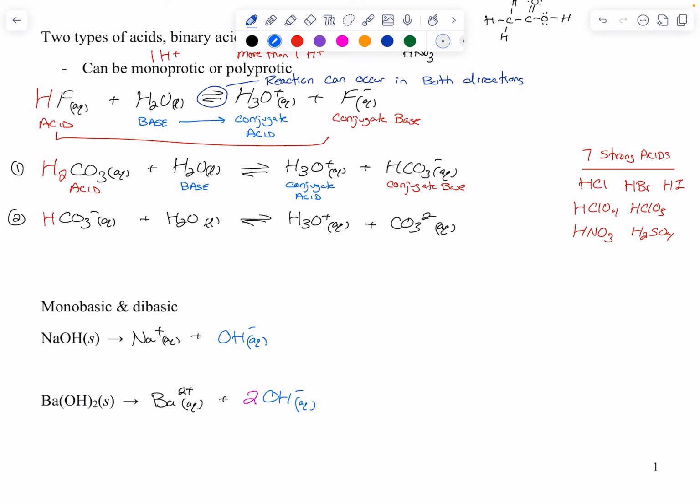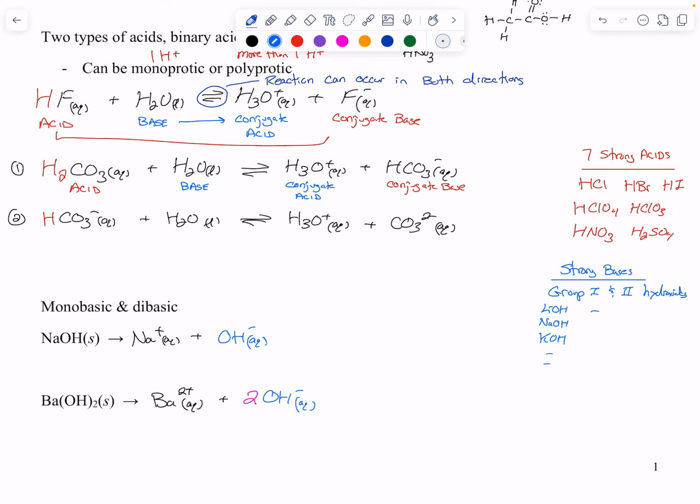Strong bases, and hopefully you already have this down. This is repeating. It's just group 1 and 2 hydroxides. So lithium, sodium, potassium. Now we're not doing the next two because they're too strong.